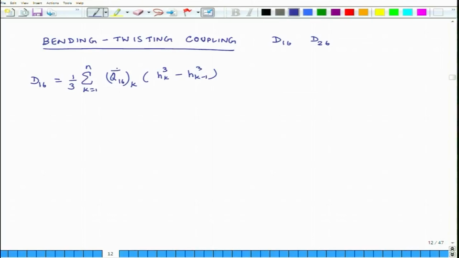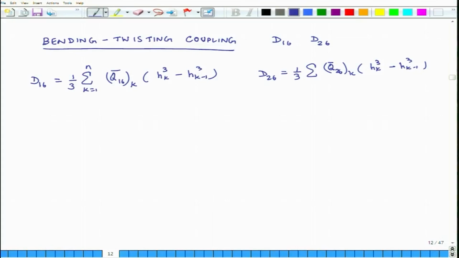And similarly D26 equals 1/3 of Q26 bar for the kth layer, Hk cube minus Hk minus 1 cube.